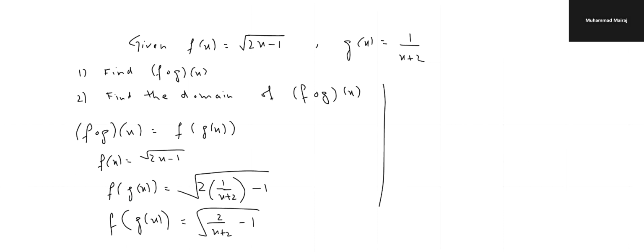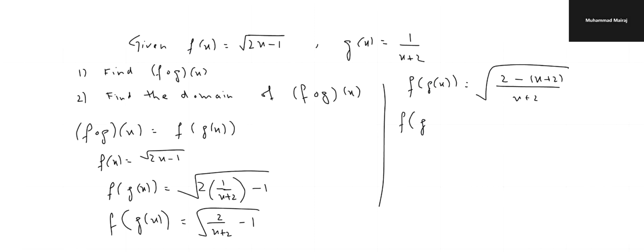And f of g of x is equal to, if we take the LCM x plus 2, here we go, 2 minus 1 into x plus 2. So f of g of x is equal to 2 minus x minus 2, divided by x plus 2.